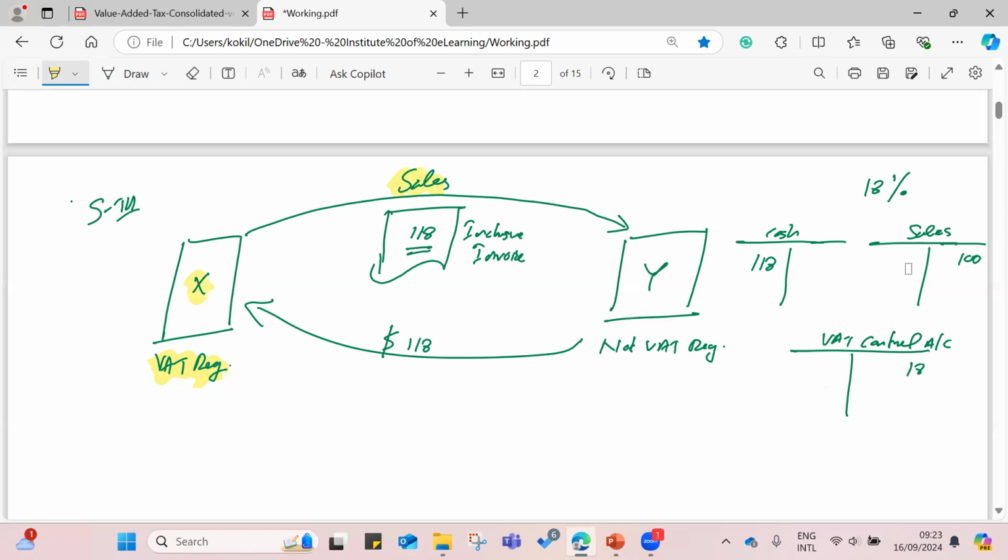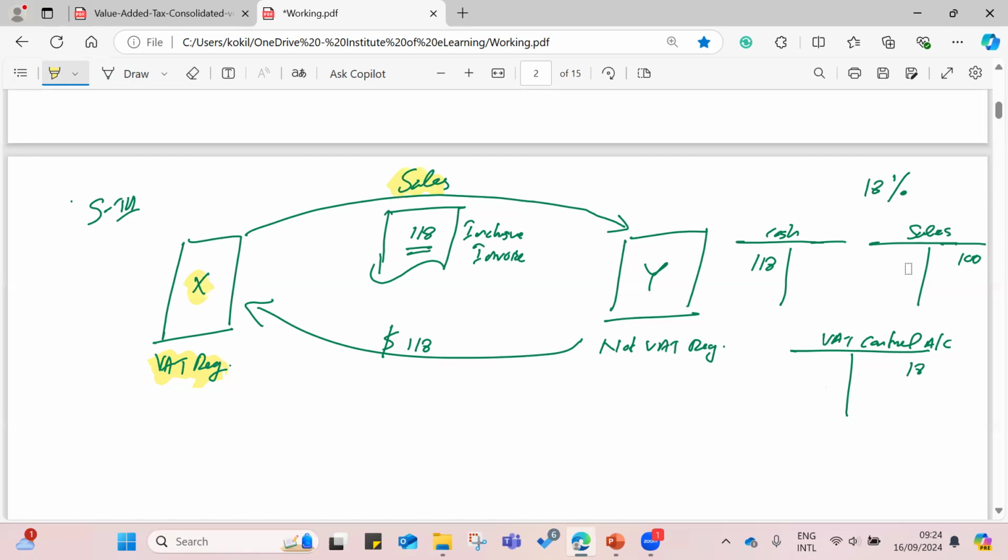VAT register උනාට පස්සේ ඔයා අනිවාර්යෙන් VAT invoice issue කරලා රජයට ගෙවන්න ඕන, right? Tax VAT එක collect කරලා. So once you are registered for VAT, it's your obligation. Even if the other party is registered for VAT or not, we don't care, you have the obligation.